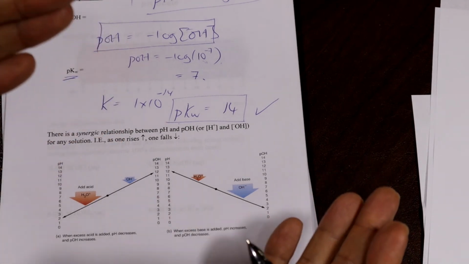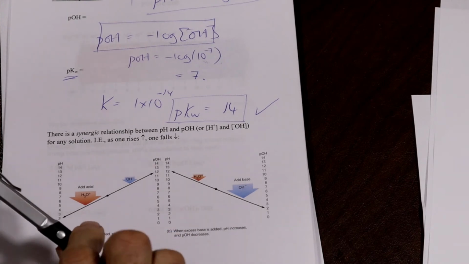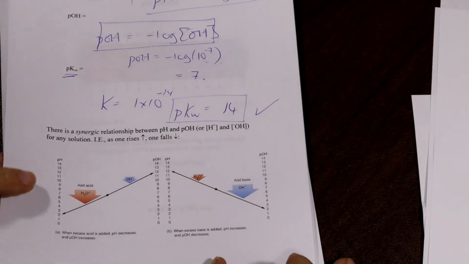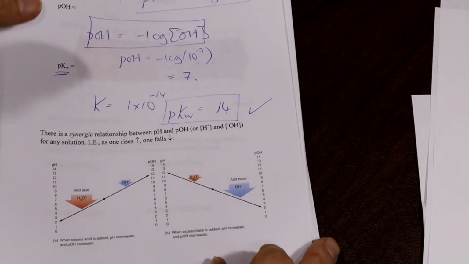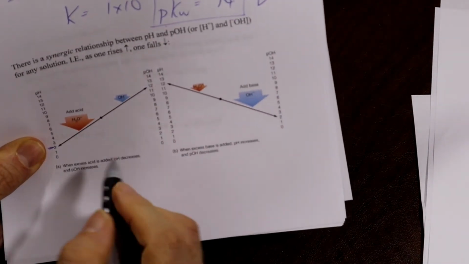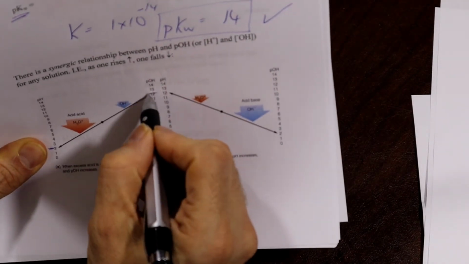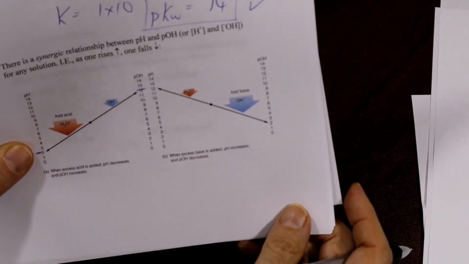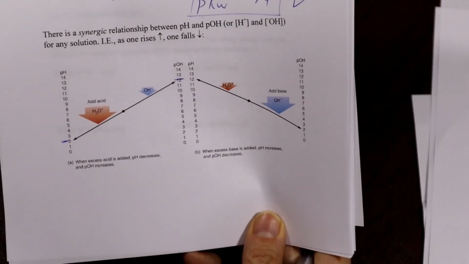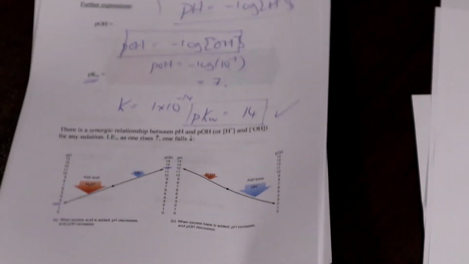So if the pH is very low, the pOH is very high because they combine to make a constant. If I have a pH of 2, I have a pOH of 12. Together, they add up to 14. And we'll see that simple math in a moment. Just remember this, as one rises, the other one falls because their sum is always the same value.